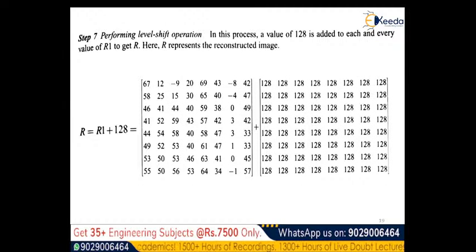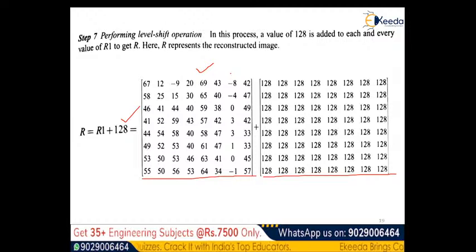So we just have the substitution like this. This is the matrix we have obtained from the previous step, that is for the capital R1, and this is the matrix we have generated for the second term in this particular relation here.